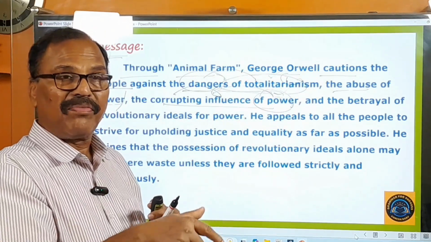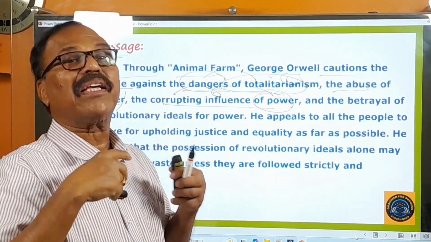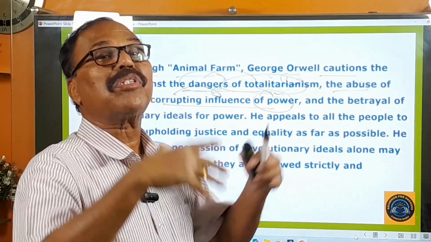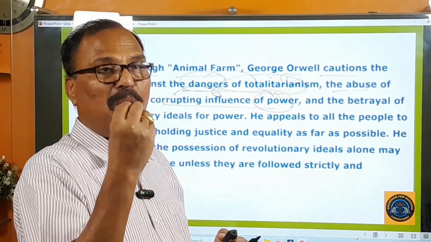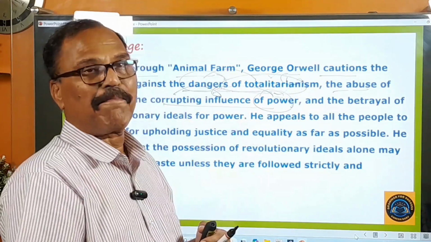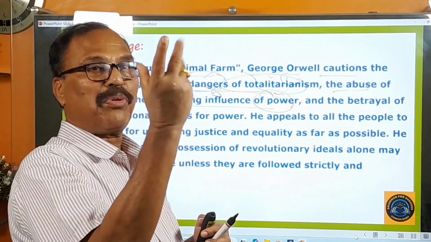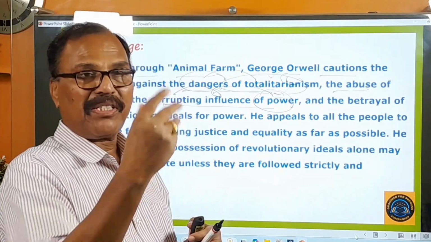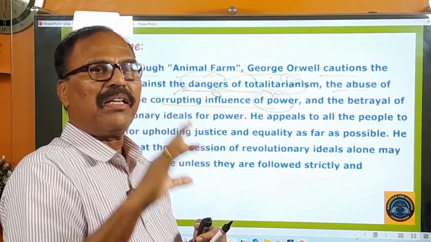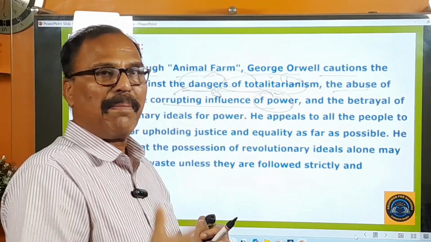And that is why these political leaders are not hesitating to spend crores of rupees even for a small political power. For a Sarpanch post, for a ZPTC, MPTC, or MLA, MP, Rajya Sabha MP, whatever it is.